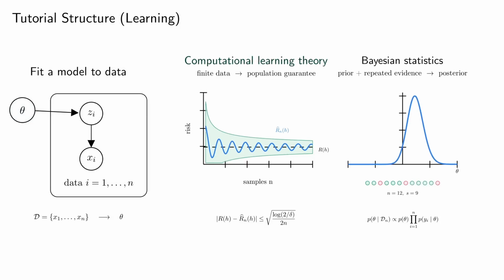So computational learning theory asks how well a learned rule will generalize and how that guarantee depends on sample size and model complexity, while Bayesian statistics show how prior knowledge and observed evidence combine into an updated distribution over unknown quantities. They answer different questions, but both make uncertainty about learning explicit rather than hiding it behind a single fitted number. This completes our first overview of representation, inference, and learning.